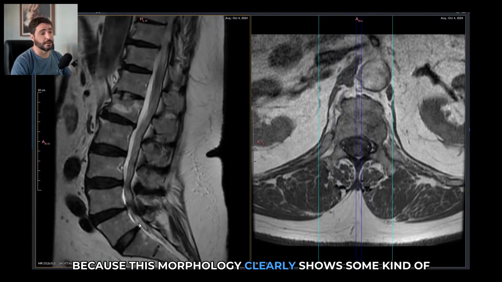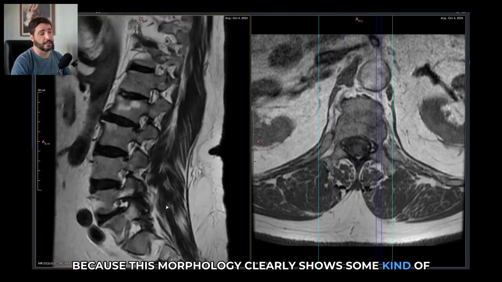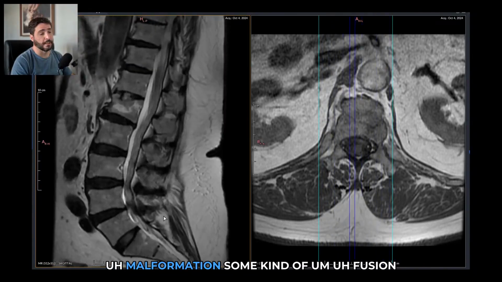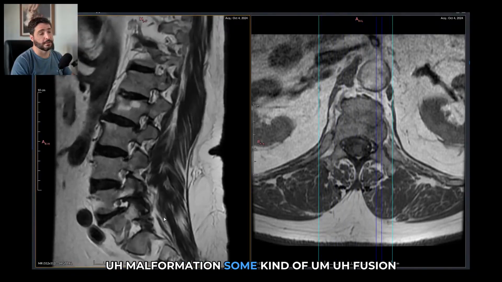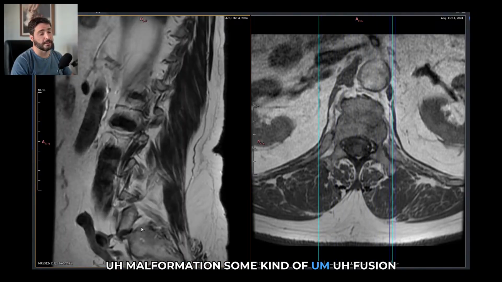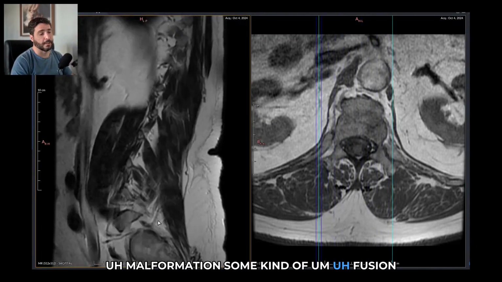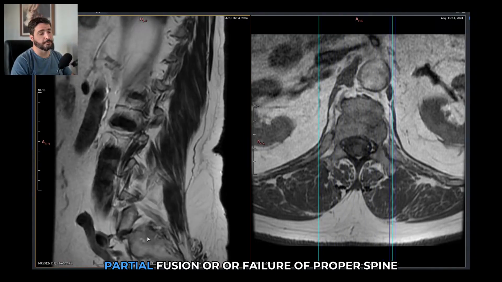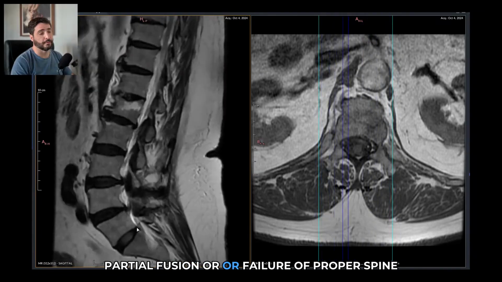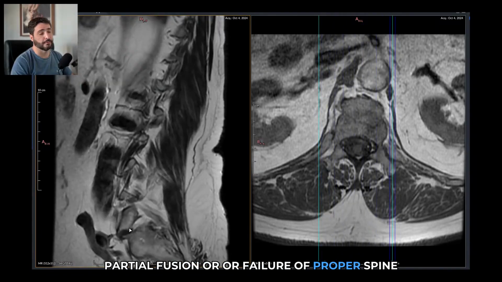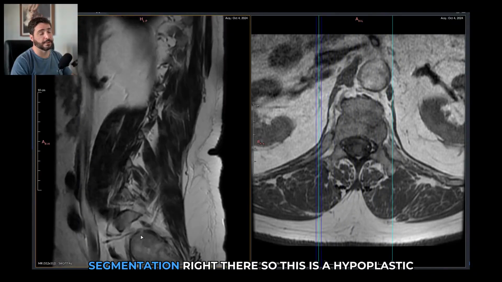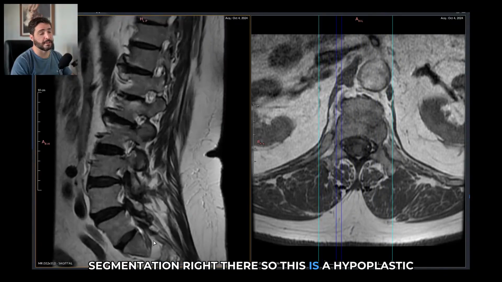this morphology clearly shows some kind of malformation, some kind of fusion, partial fusion, or failure of proper spine segmentation right there. So this is a hypoplastic facet joint right here.